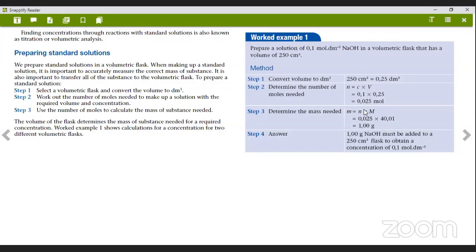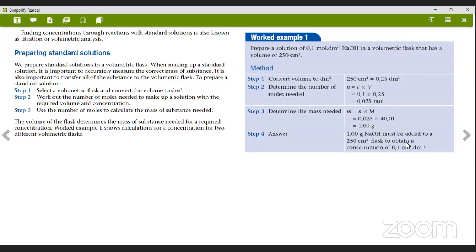So that's why we're working back. And don't forget, guys, whenever you see cm cubed, know that you have to divide it by 1,000. We always work with the standard unit of dm cubed. So first thing you do, you convert to dm cubed, and then you find your number of moles, and then you find your mass. NaOH must be added to a 250 centimeter cubed flask to obtain a concentration of 0.1.